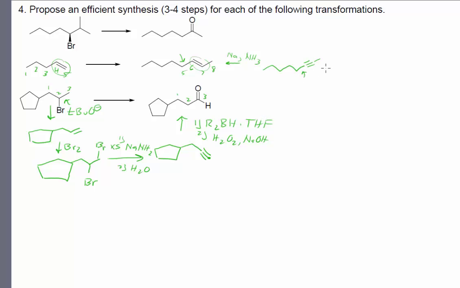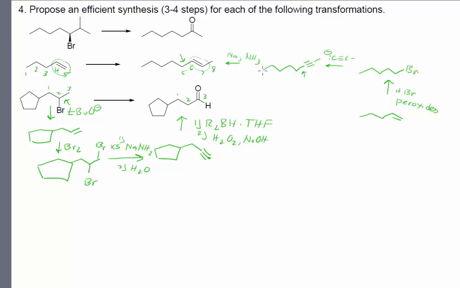And we could envision making this bond using this alkyne anion and the appropriate starting material with a leaving group on the end. And I think we can make that starting material from what we're given using HBr and peroxides.